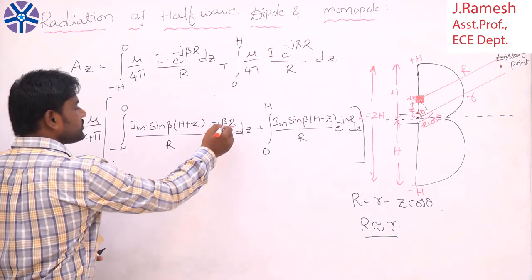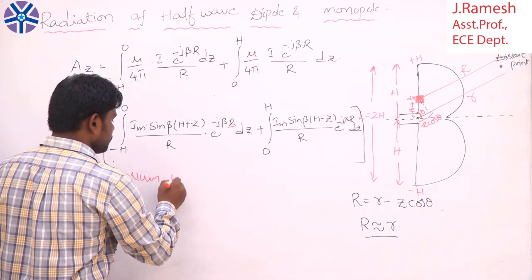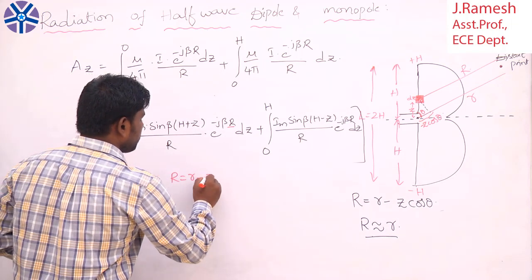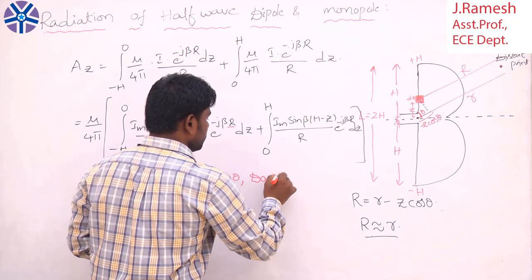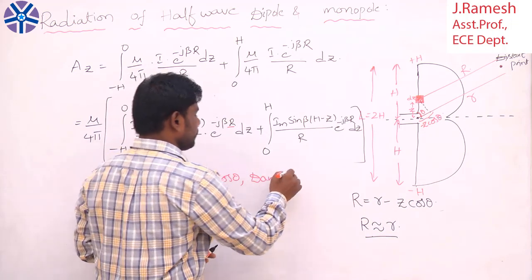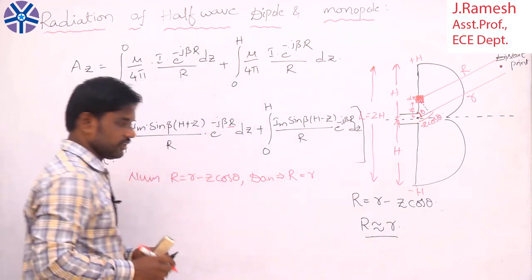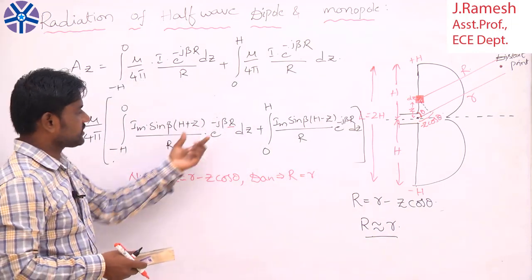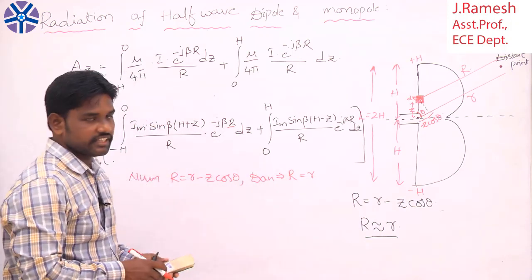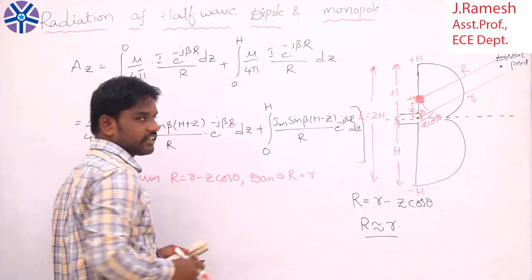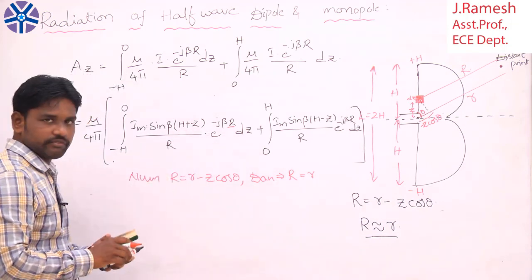Because of the phase, in the numerator I am substituting R equal to r minus z cos theta. But in the denominator I take capital R equal to small r. In the numerator I replace this because of the phase shift, but in the denominator there is nothing, so I simply write capital R equal to small r. Just substitute there and simplify this one.